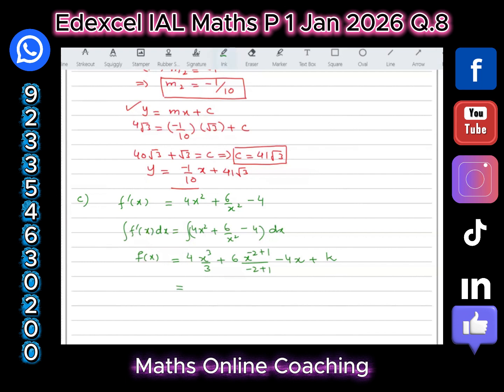This is equal to 4 by 3 x cubed minus 6 times x raised to power minus 1 minus 4x plus k. And this is 4 by 3 x cubed minus 6 by x minus 4x plus k. This is the value of f of x, where k is the constant of integration.